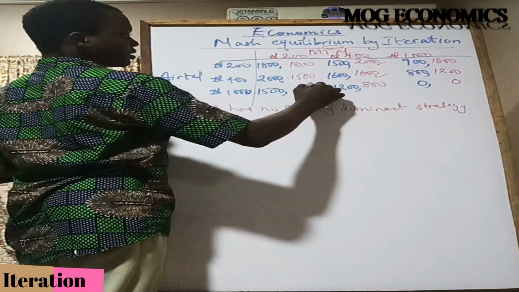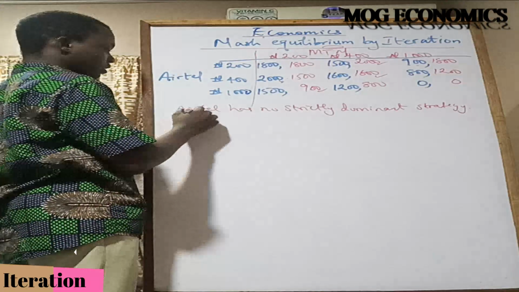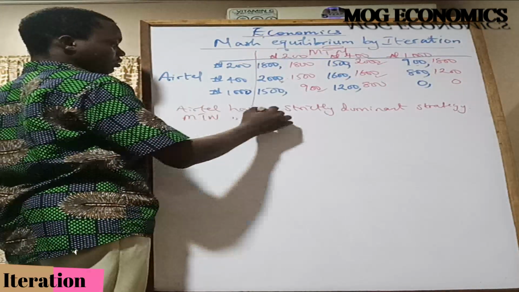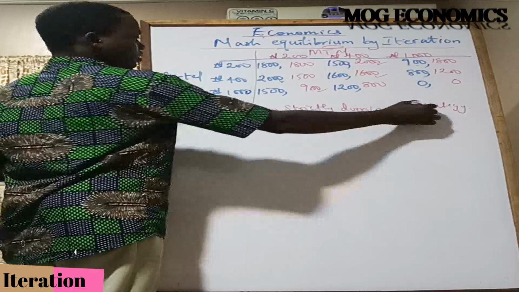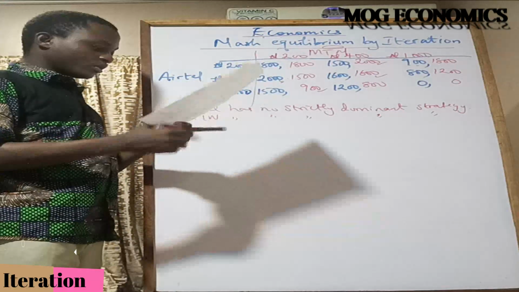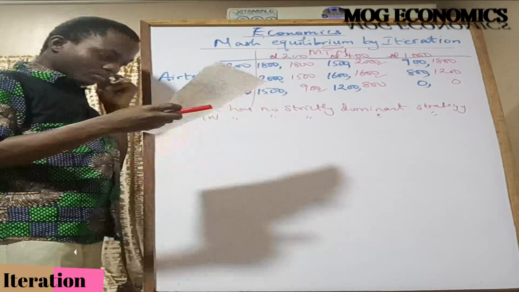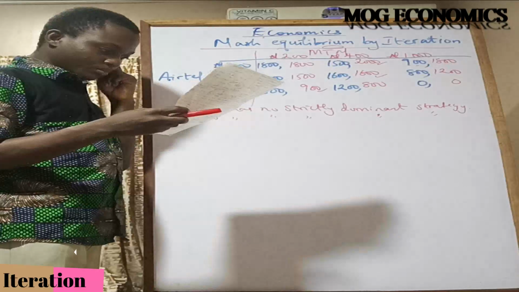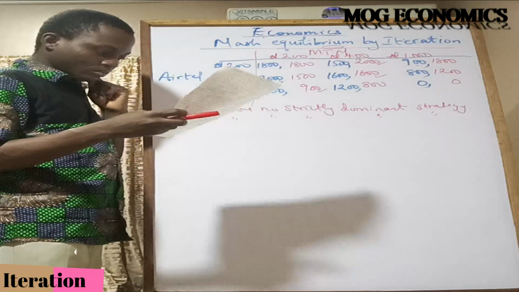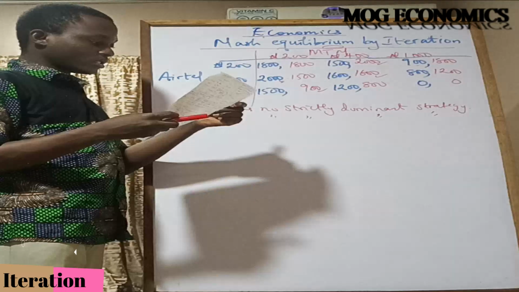In this case, 900 is better. So MTN also has no strictly dominant strategy. Both of them do not have a strictly dominant strategy. Anyway, that's it. Let's look at the next question.